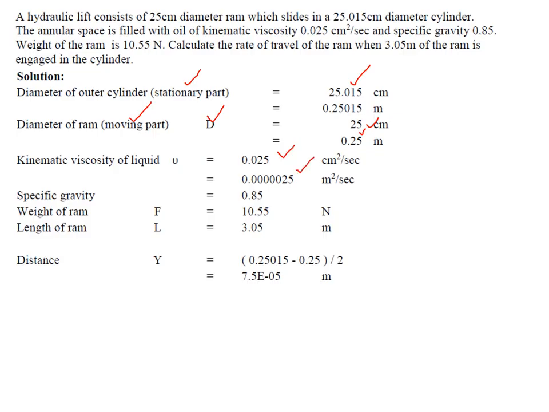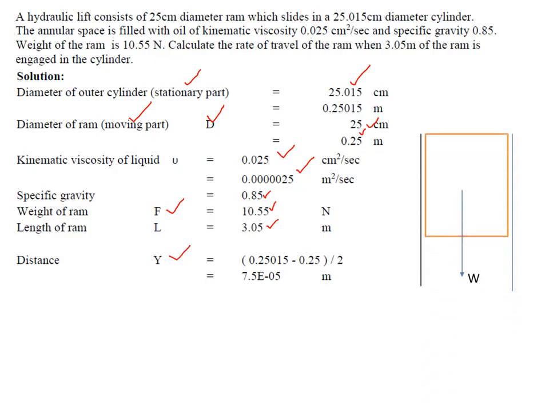Specific gravity is 0.85. Now the weight of the ram. The force is always applied in the direction of the movement. Since weight is acting downward, that will become the shear force applied, which is 10.55 newtons. Here length is 3.05 meters. I told you that the distance y is the gap between the moving part and the stationary part.